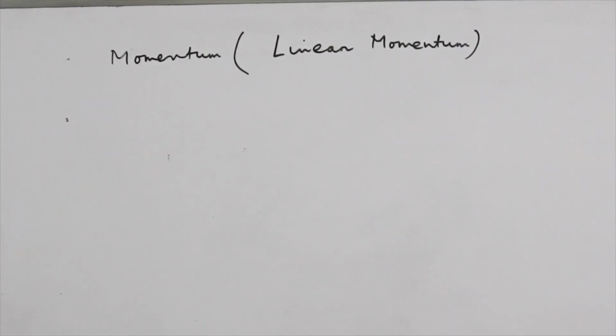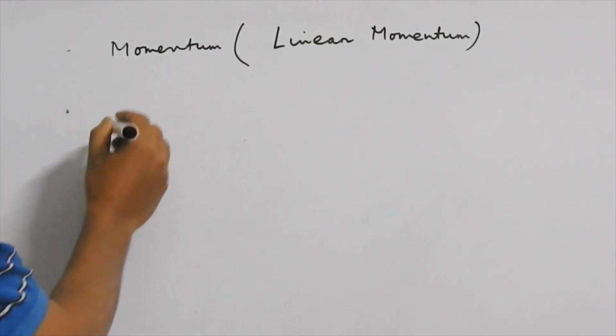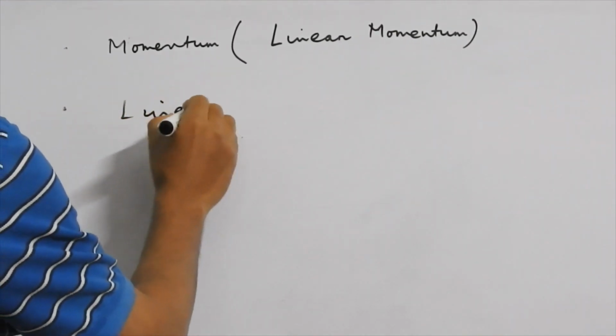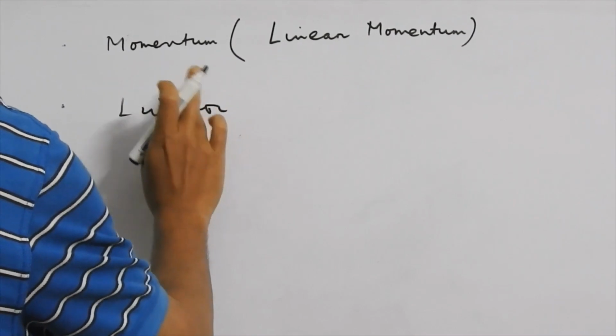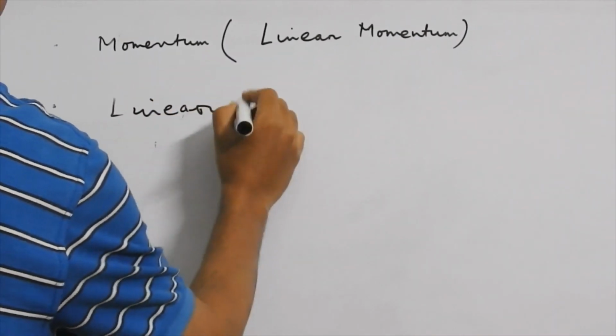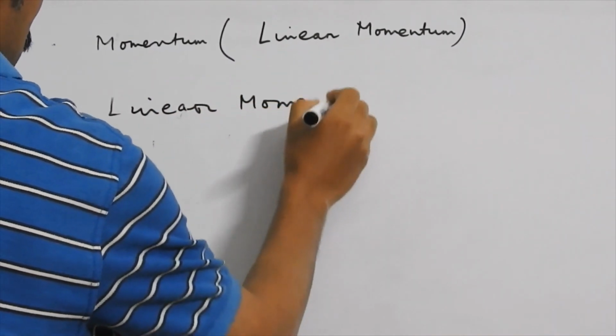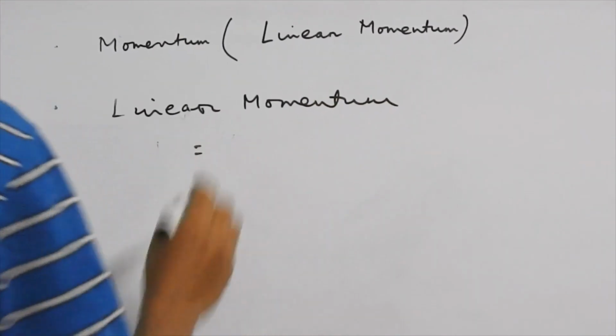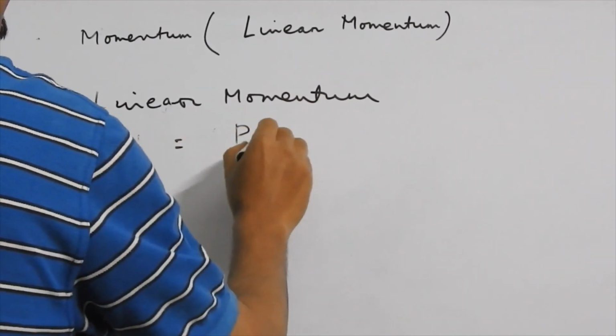So you can say that the linear momentum of a body is obviously equal to the product of the mass and the velocity.